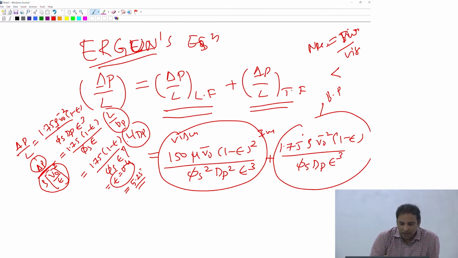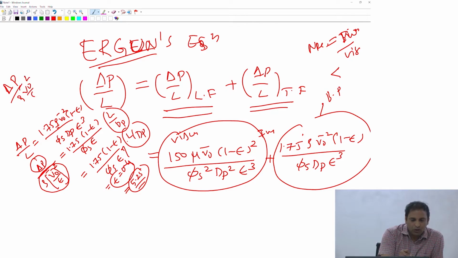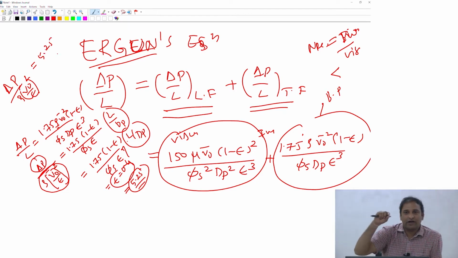So delta P by rho V naught bar square by 2 is of the order of 5.25. That is for every layer, because I am taking L by dP as 1.